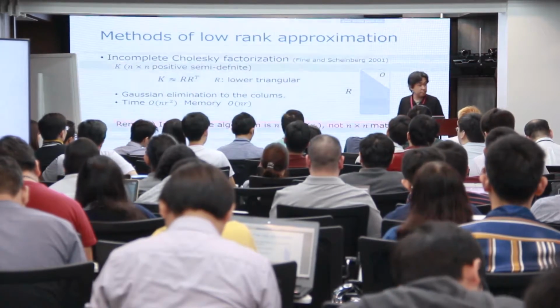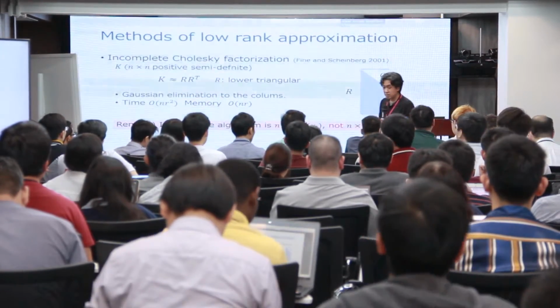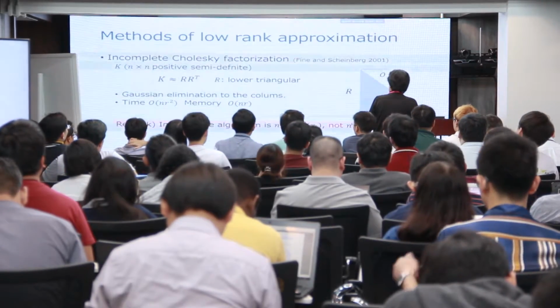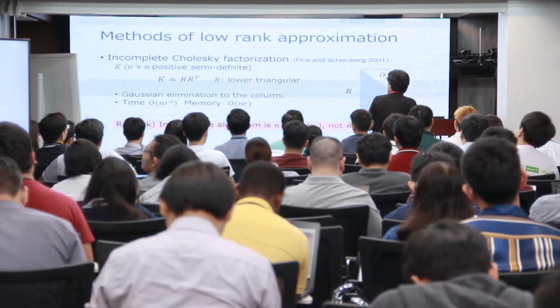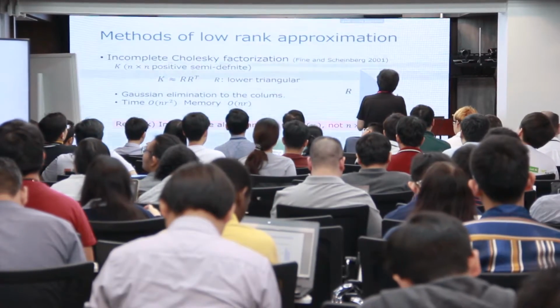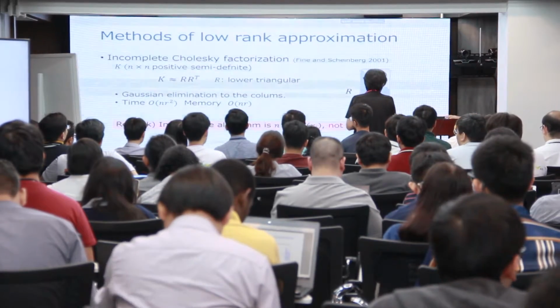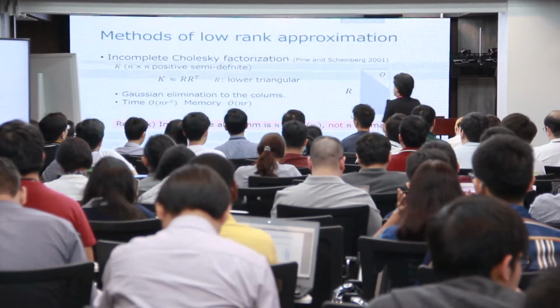Sorry, I have a quick question. Why is the time R squared? Because we have the n times R elements.